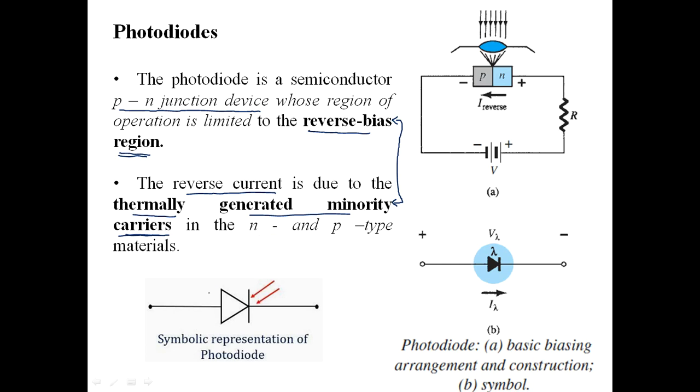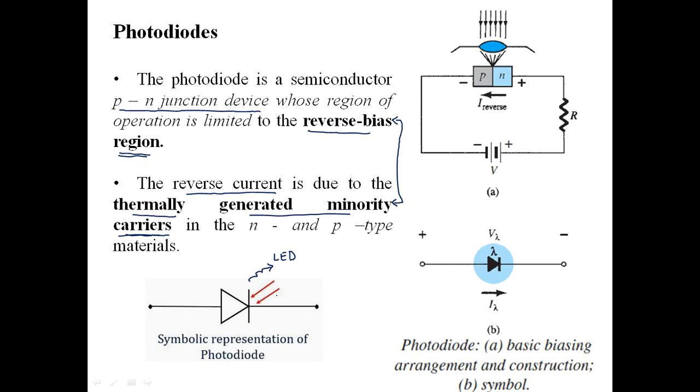All right, symbolically how do we represent a photodiode? The normal diode with light as the input parameter. If the arrow was pointing outwards, then it would have been an LED.